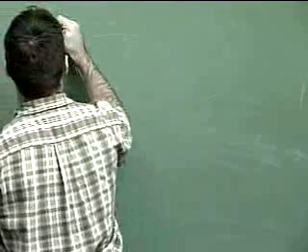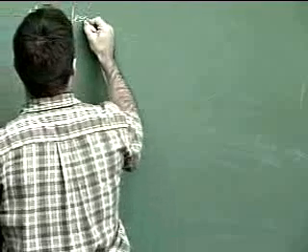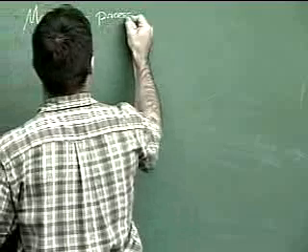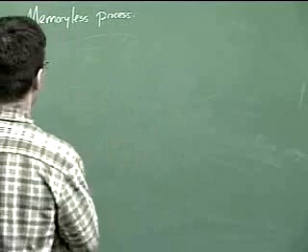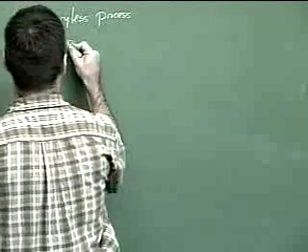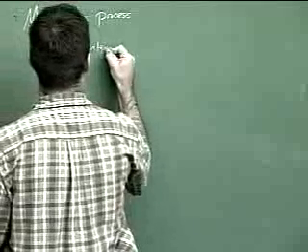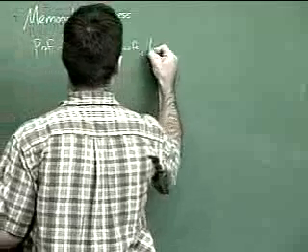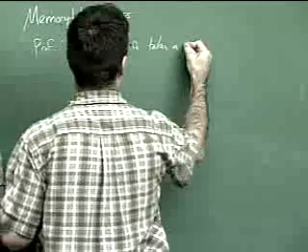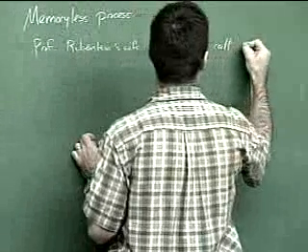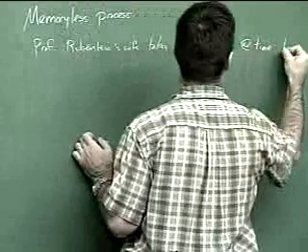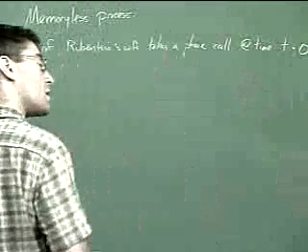Let me put it this way. This is the way to think about the memoryless process. Okay? And it sort of counters your intuition. So suppose Professor Rubinstein's wife takes a phone call at time t equals 0.